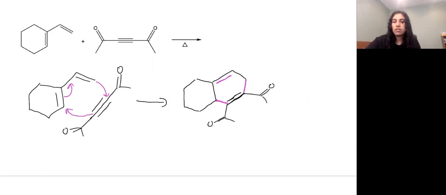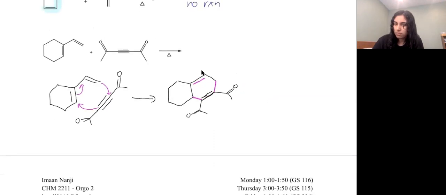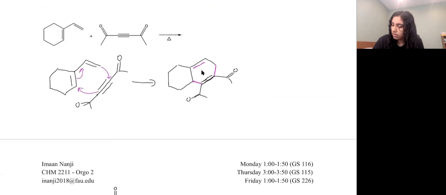And there's no exo or endo product in this case because there's no substituents facing up. The whole thing is kind of just planar. Because this was an alkyne, this is a double bond, and these carbonyls are planar. Okay.